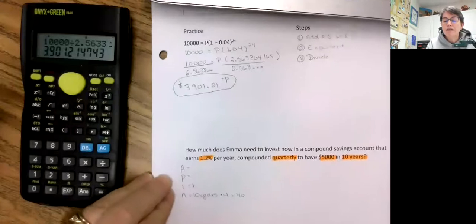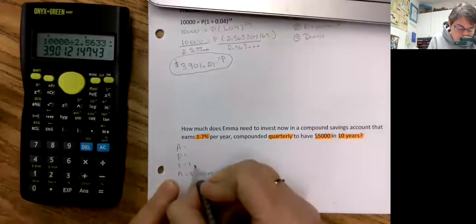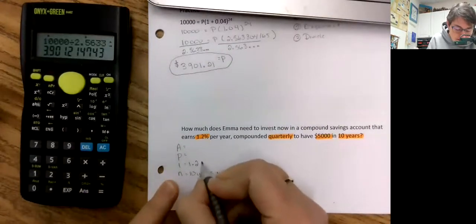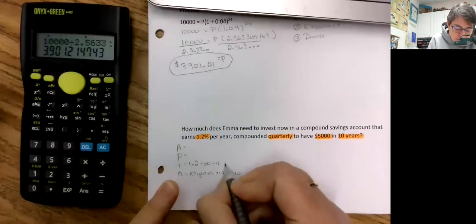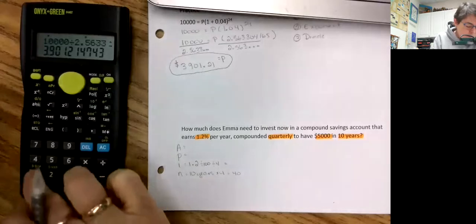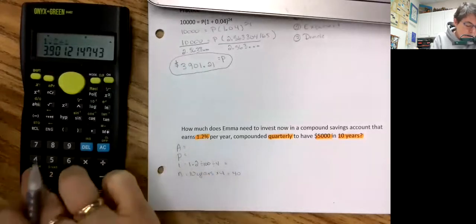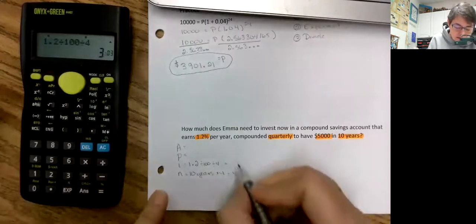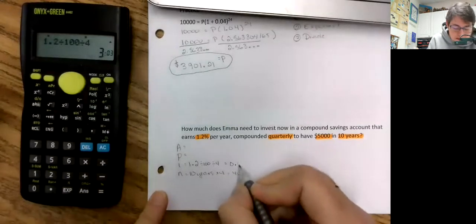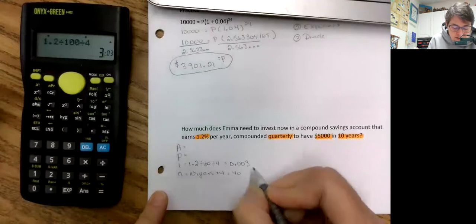Make sure I got that up high enough so you guys can see it. 1.2 divided by 100 divided by 4. Remember, got to do both. 1.2 divided by 100 divided by 4. 0.003.